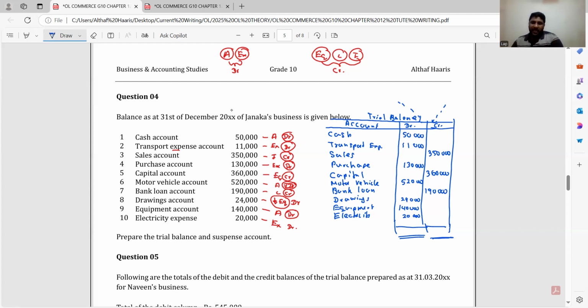Debit side 895. Credit side 900. Can someone confirm it?